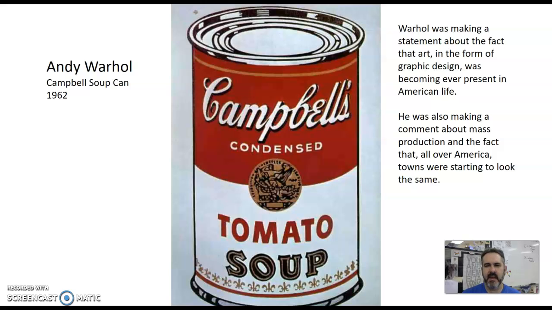But Campbell's, this company spent millions of dollars making this vision for the consumer. They wanted a friendly typeface that would make you feel happy and easygoing about buying it. And yet they wanted to use a very sturdy typeface for this because they wanted you to feel confident that you were going to be eating a soup that wouldn't make you sick, that it was going to be safe.